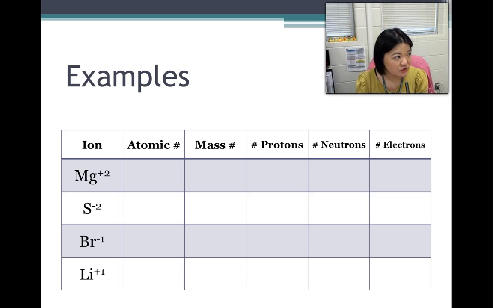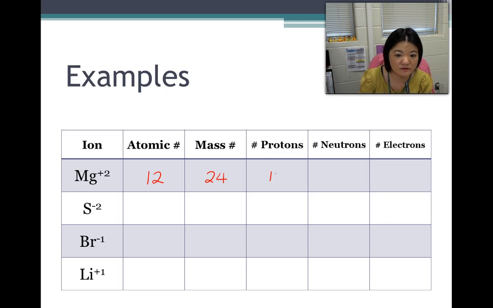Alright, so Mg plus 2. What you're going to do is look for Mg on your periodic table. It is atomic number 12. Its atomic mass is 24.305, so it's going to round to 24. The number of protons is still the same as before. It is 12.